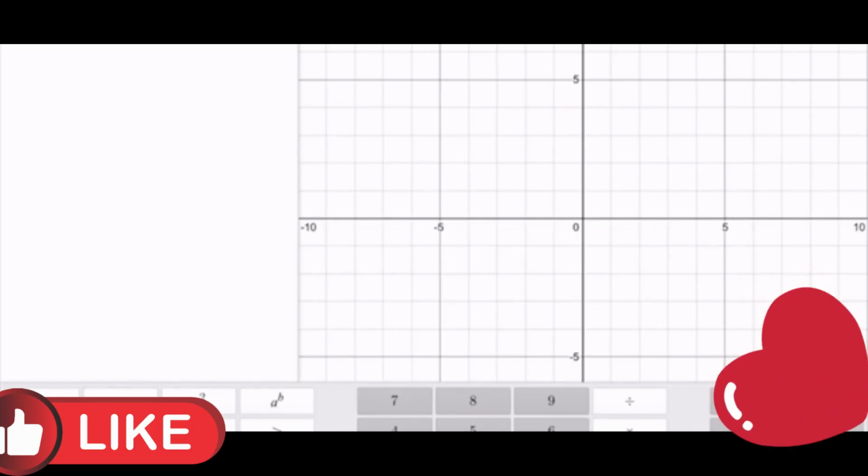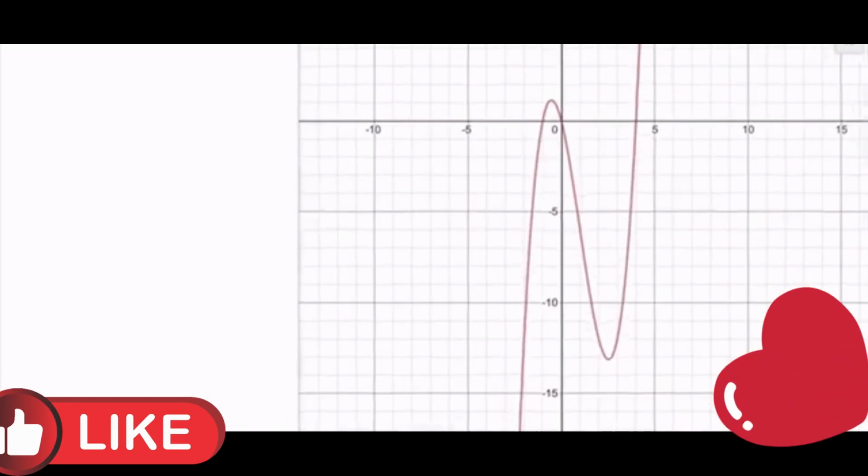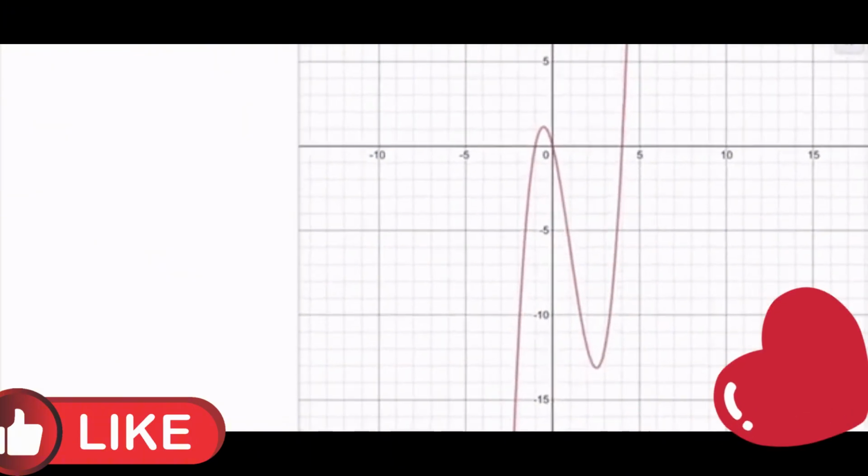So if we type them in, we can have y equals x, and then what was it? It was brackets x plus 1, close brackets, and then x minus 4 in the other bracket, there we go, and that's going to give us just a little overview, or a little look at what it actually looks like.